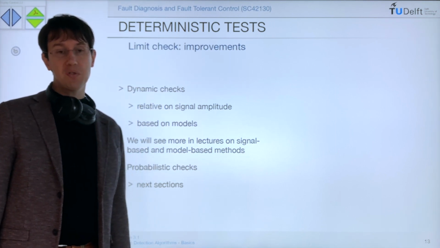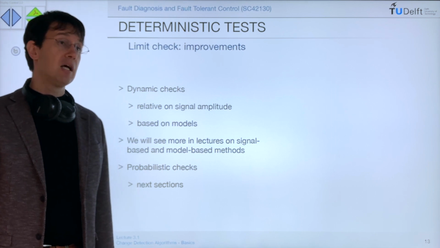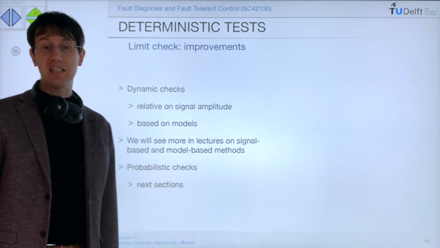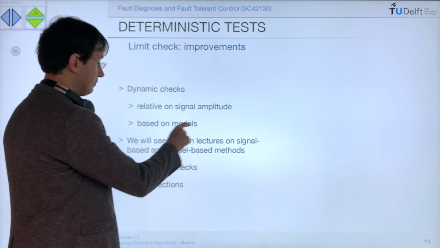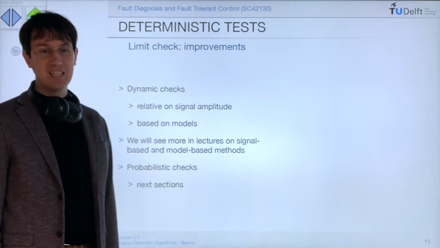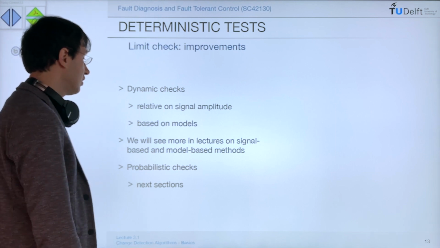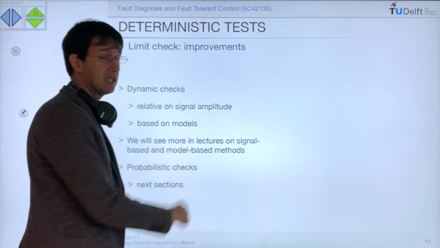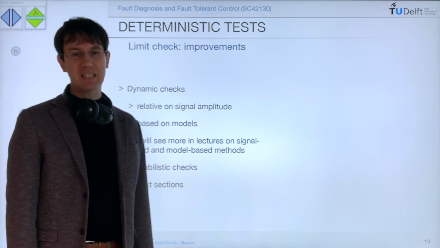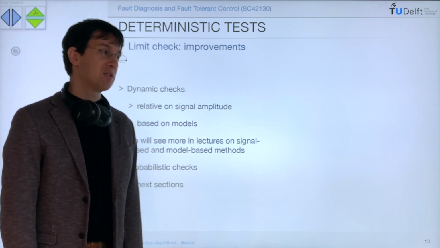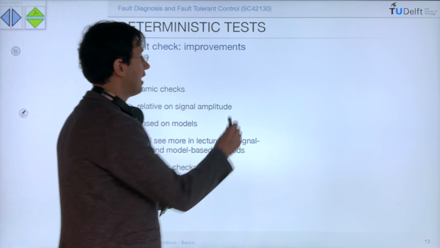So the way to change these limits can be either based on some other information that we have, which in some ways implies that I have a model of how these limits should change, or they can be relative to the signal amplitude itself. So this is a way to detect some steady state. So I could have a situation like that.